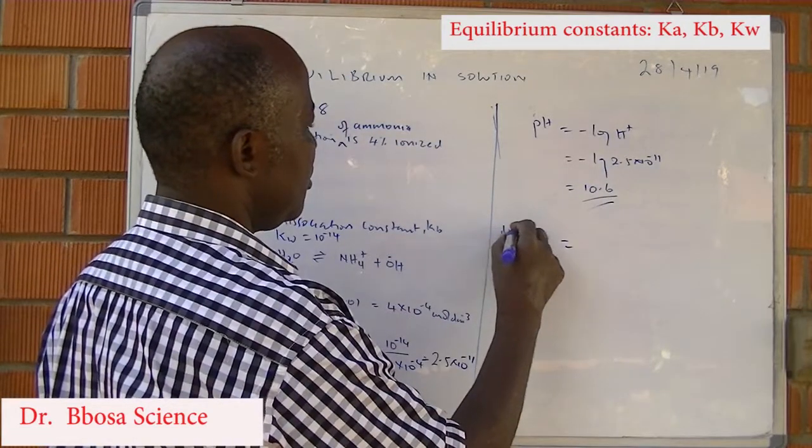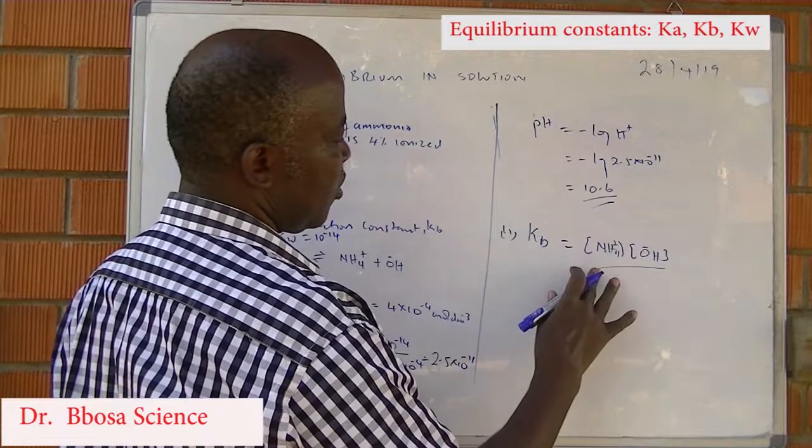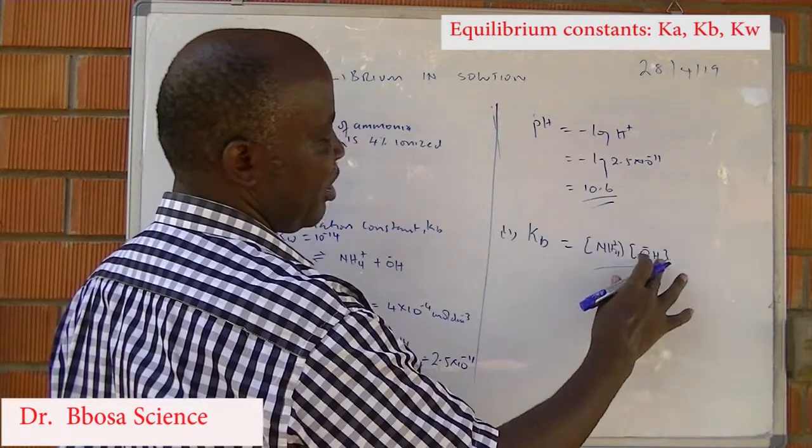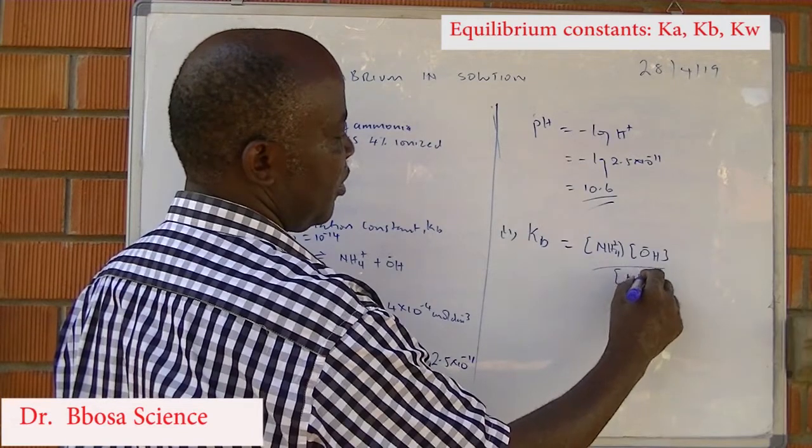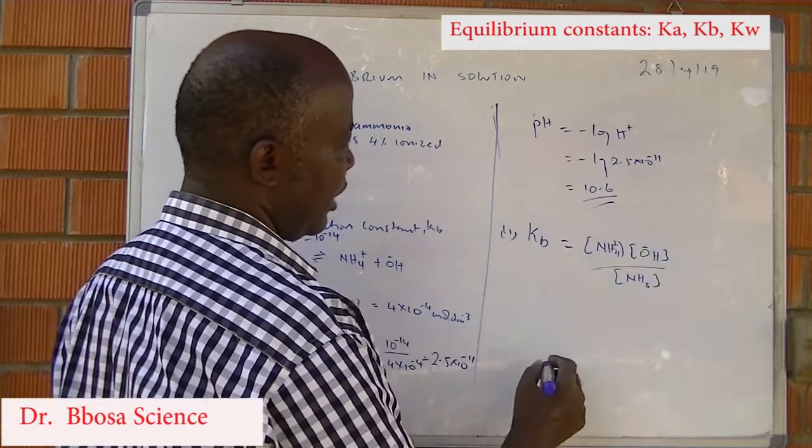Part 2. Kb is equal to the concentration of ammonium ion times the concentration of hydroxide ion over the concentration of ammonia.